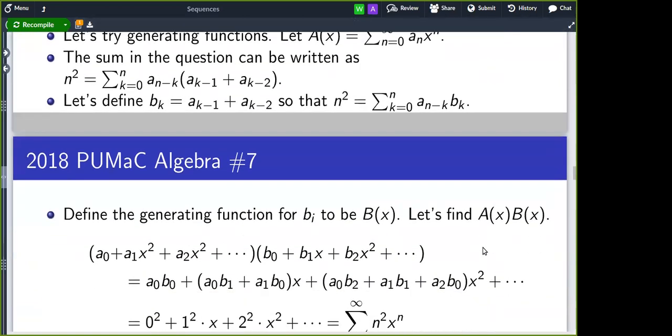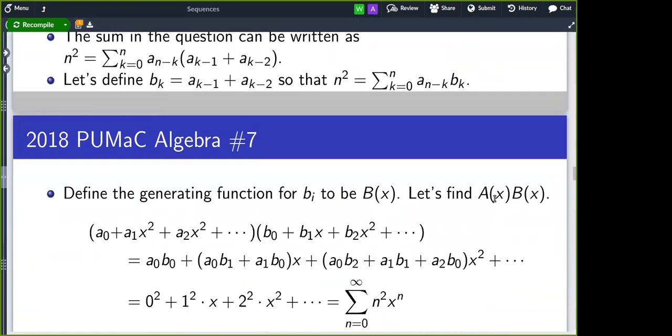If we multiply both of these generating functions, it becomes a0 b0 plus a0 b1 plus a1 b0 times x plus a0 b2 plus a1 b1 plus a2 b0 times x squared plus dot dot dot. And from our recursion, a0 b0 is just 0 squared, and this coefficient of x we have here is just 1 squared from the sum that we were given in the question.